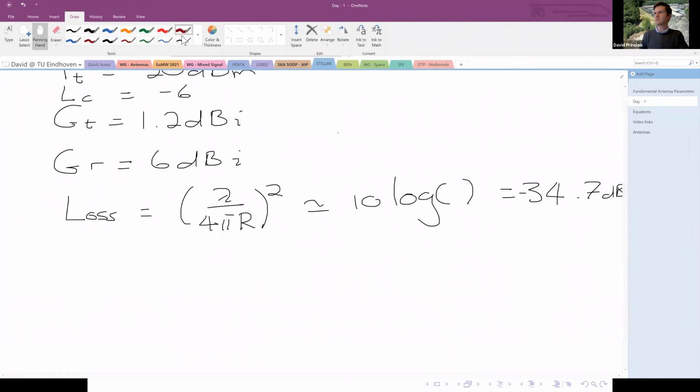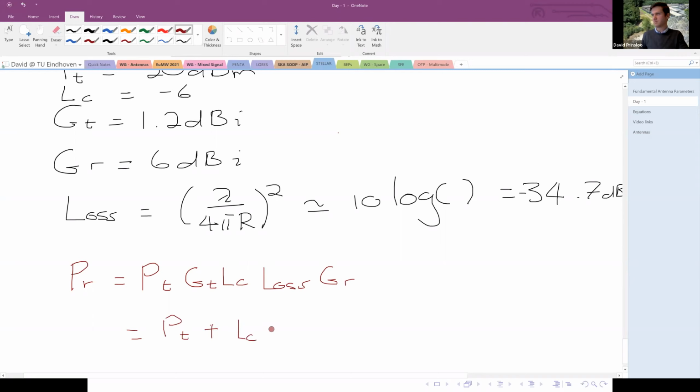So we said that the received power is equal to the transmit power multiplied by the gain of the transmit antenna. Obviously, we have that loss in the cable that actually comes first, multiplied by the free space loss factor multiplied by the gain of the receive antenna. Or in logarithmic scale, we can just sum all these things. So power of the transmit plus the loss of the cable plus the gain of the transmit antenna plus the gain of the receive antenna plus free space loss.